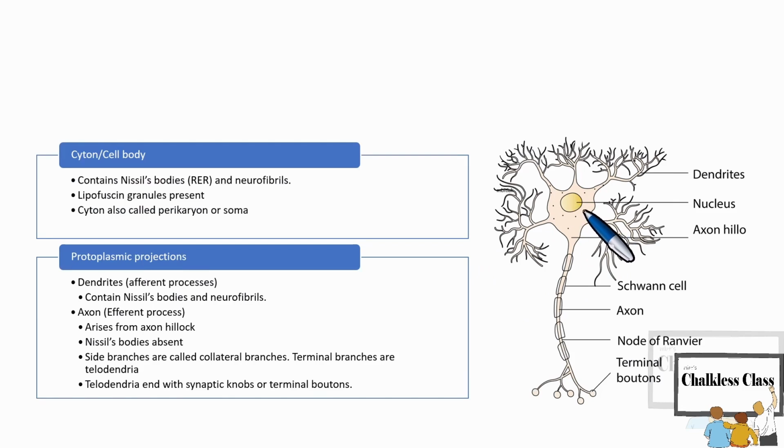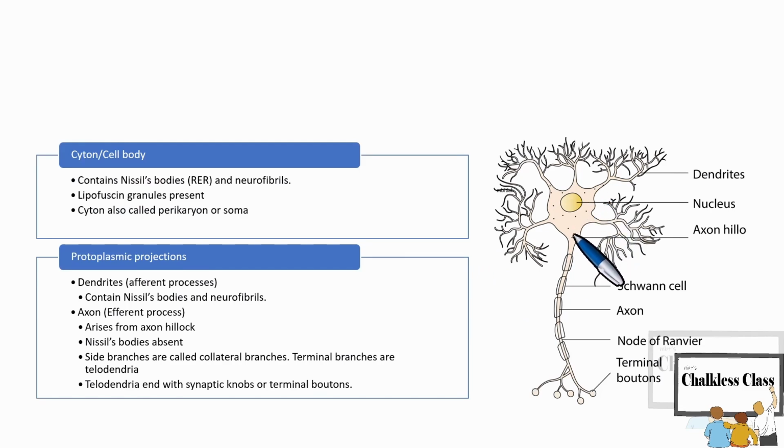It contains Nissl's granules and neurofibrils. In addition to this, they have lipofuscin granules inside. Nissl's granules or Nissl's bodies are aggregations of the RER, rough endoplasmic reticulum. The cyton is also called soma.